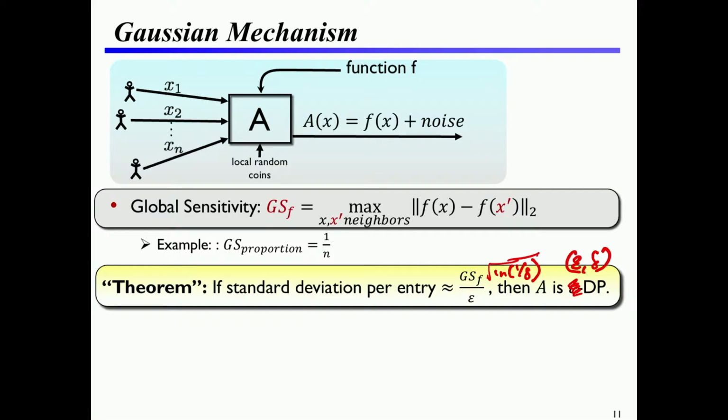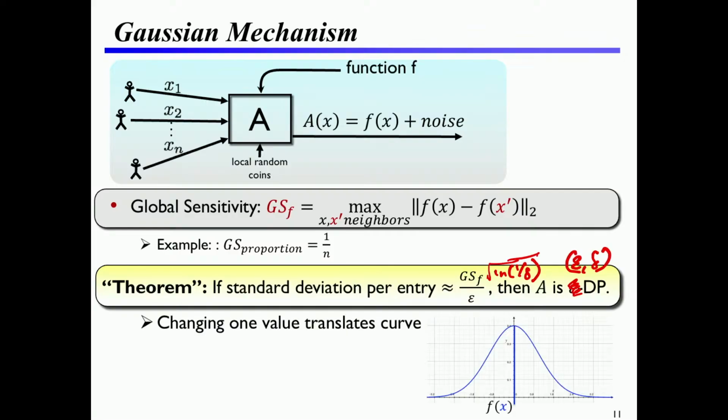The picture you should have in mind for why this is true is that when you go from data set x to data set x prime, if you're adding noise to f of x, you're considering two Gaussian distributions, if we're adding Gaussian noise, that have been translated relative to one another.